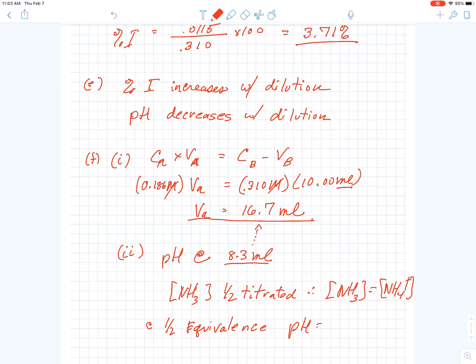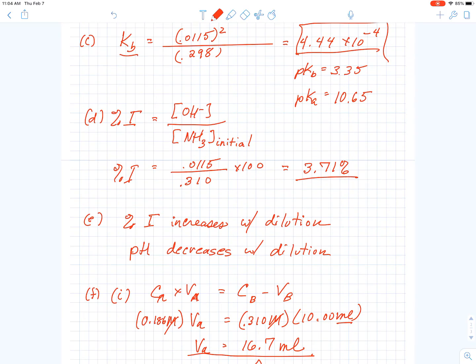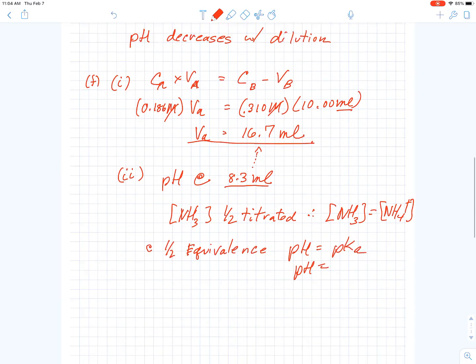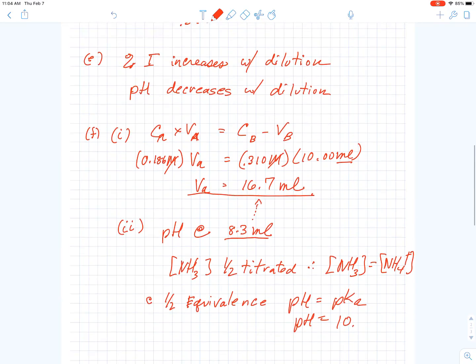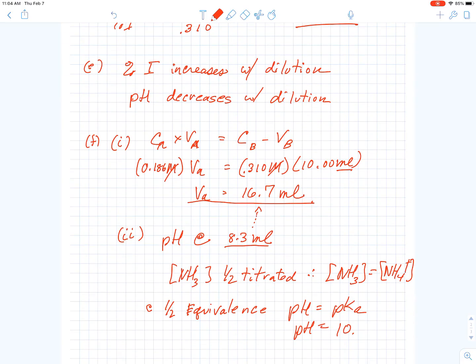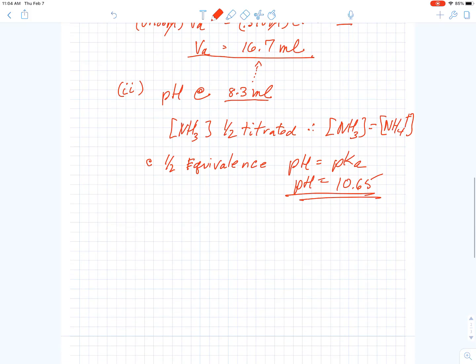At the half titration point, pH is equal to pKa. We check up our little calculation we did at the ICE chart and write down that answer as a very easy 10.65. Now double check, does that make sense? Yeah, this is a weak base.